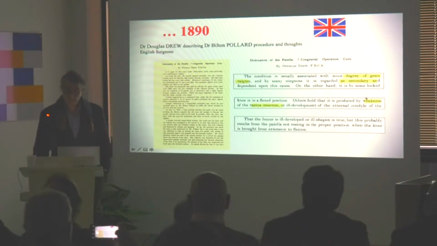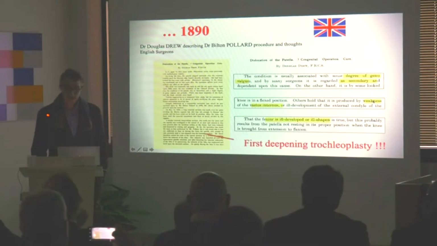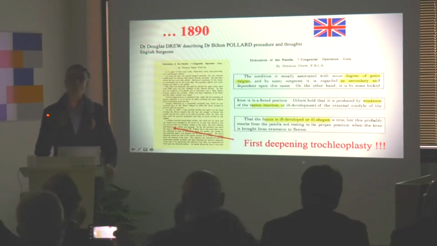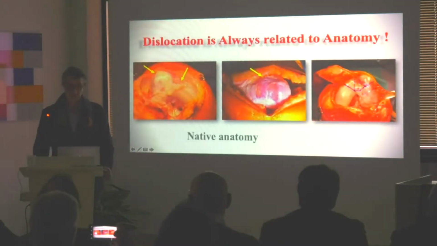He was speaking about the weakness of the vastus medialis, and about the abnormality of the femur. So people described that a long time ago, for sure. So always go back to the literature because it's always interesting.